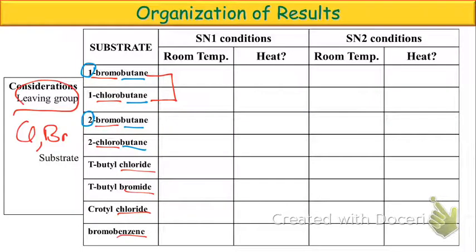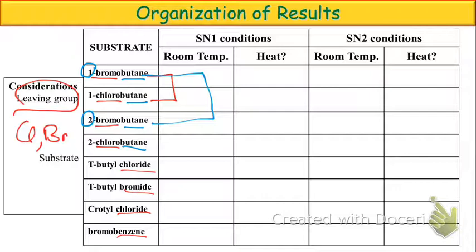I am changing the substrate structure. So if we compare experiments 1 and 3, the substrate structure does change. Okay? So you could go through and classify what your substrate is, define it, come up with some way to compare between them. So why is this important?